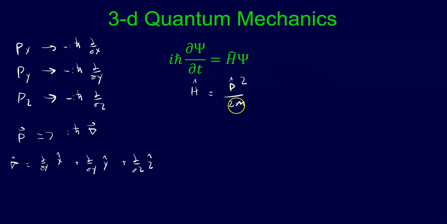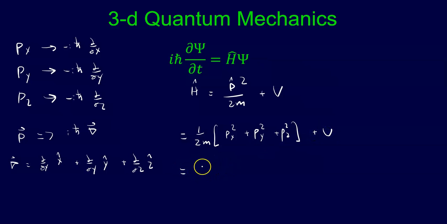same sort of way. So it's p squared over 2m plus our potential, although now our momentum is this vector here. And so if I write this out, we'll get 1 over 2m. And if we square this up, we get the momentum in the x direction squared plus momentum in the y direction squared plus momentum in the z direction squared plus the potential.